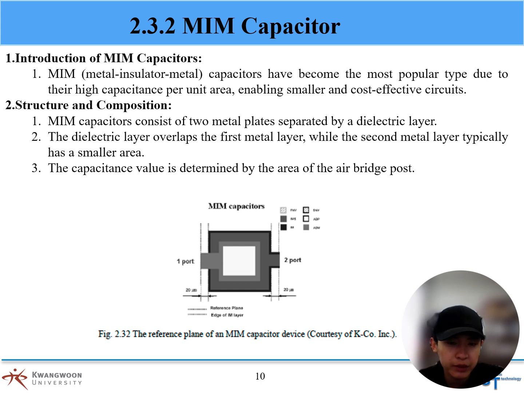MIM capacitors consist of two metal plates separated by a dielectric layer. The dielectric layer overlaps the first metal layer, while the second metal layer typically has a smaller area. The capacitance value is determined by the area of the air bridge post.